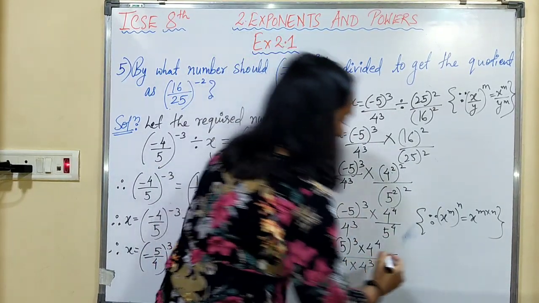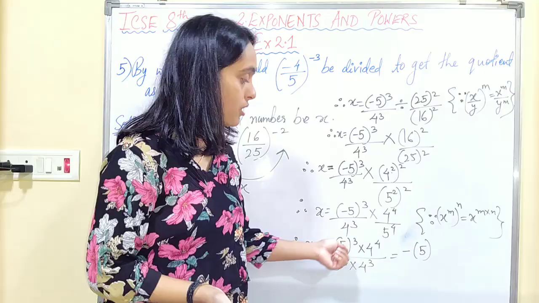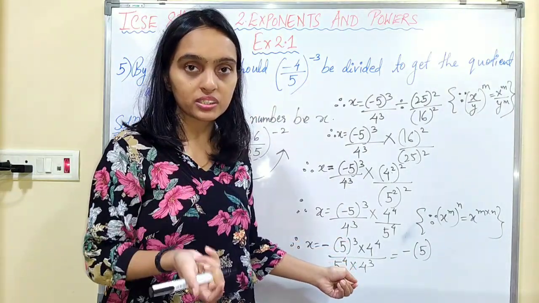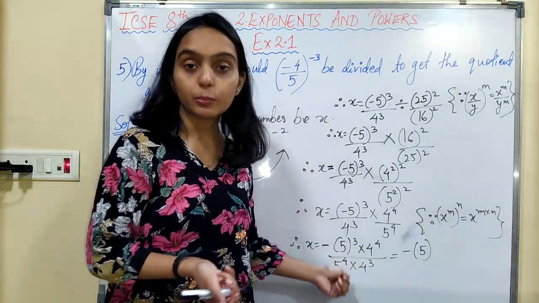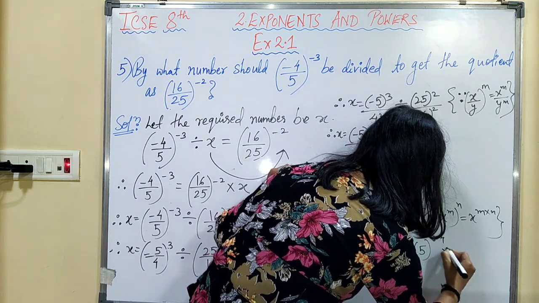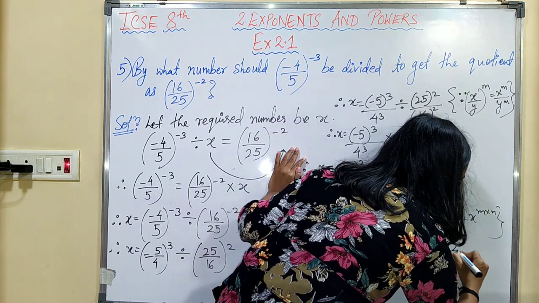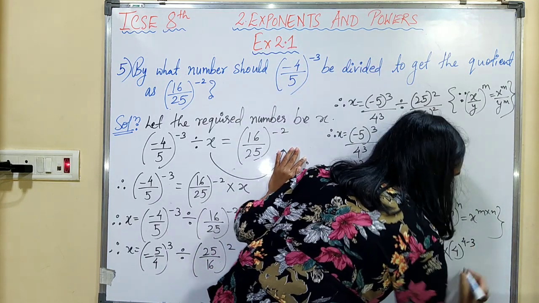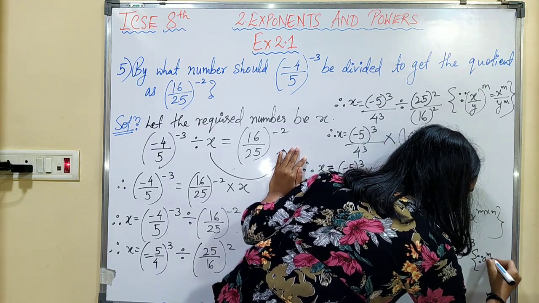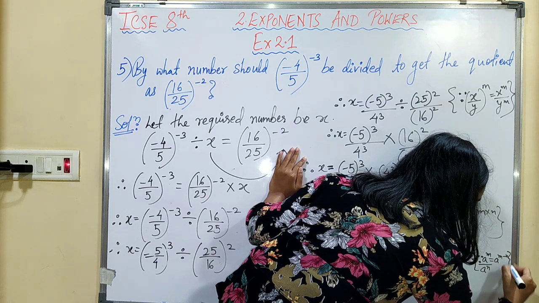So this can be written as minus 5, and then we can use the law 5 raised to 3 upon 5 raised to 4. So bases are same and division is there in between, so we can subtract the exponents. So you will get 5 raised to 3 minus 4 multiplied by 4 raised to 4 minus 3, by using the law a raised to m divided by a raised to n equals a raised to m minus n.